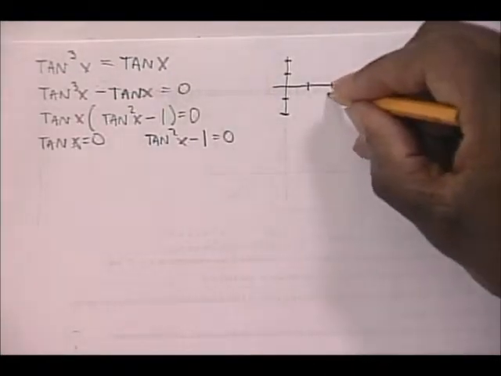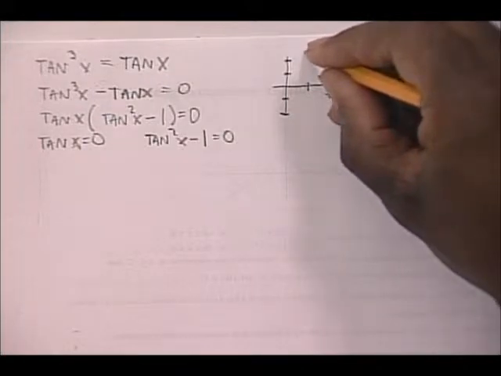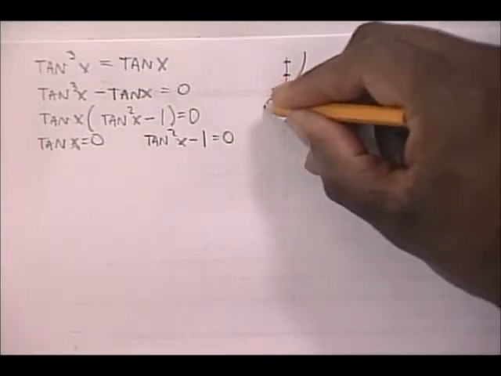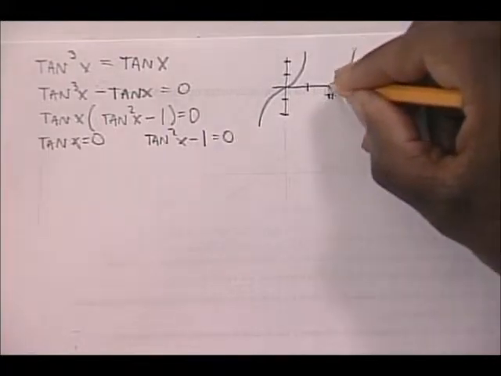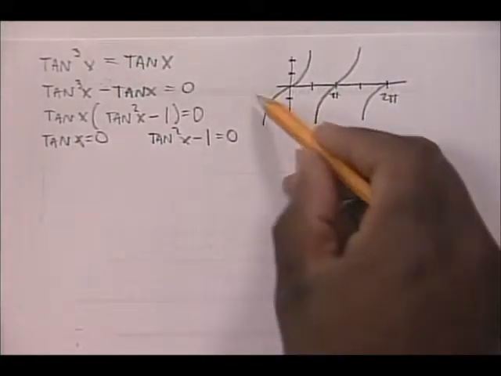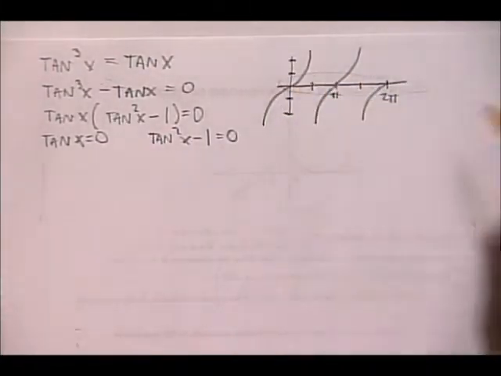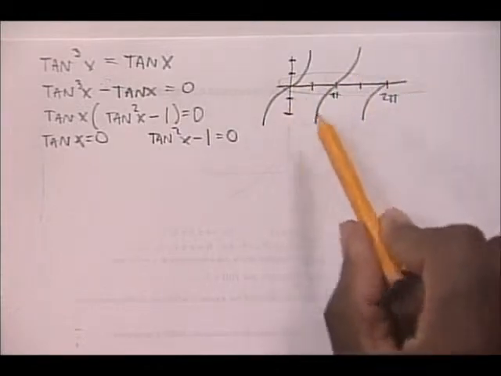So this is pi. This is 2 pi. The tangent graph looks something like this. So the tangent of which of these angles is 0?